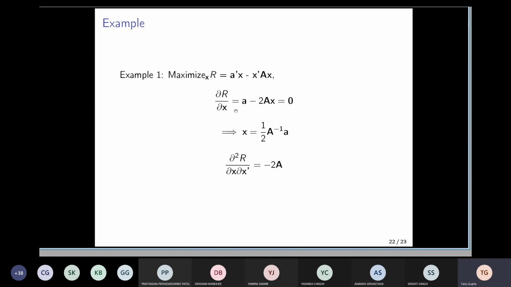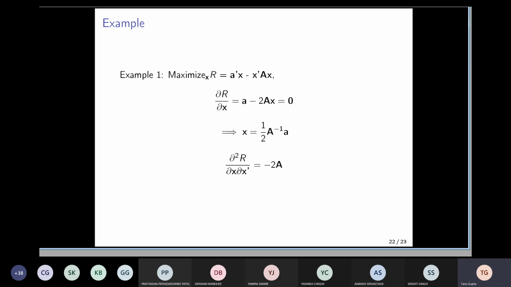So now what we are doing, we are differentiating this expression with respect to x prime. Since we are differentiating this expression with respect to x prime, this will be 0 because it has no element of x. And here we are differentiating ax with respect to x prime, and we have just seen that differentiating this with respect to x prime is nothing but a.